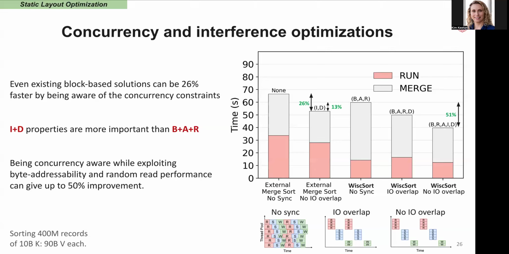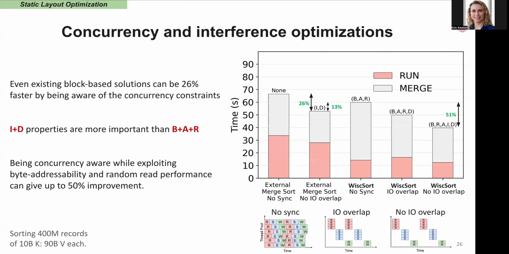What's interesting is we observe that the I and D properties are much more important than the B, A, and R properties. So the external merge sort, with just being compliant with the concurrency complexity of this device, is faring much better than a BAR-compliant, byte-addressable WiscSort.